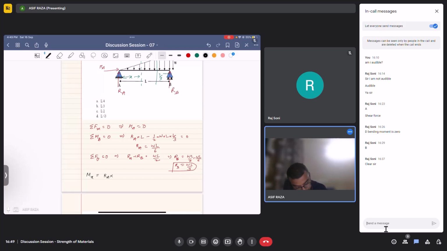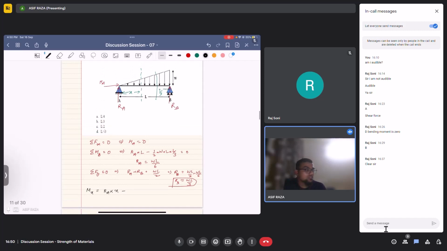RA times x due to the support reaction, and the other one, the external load which is acting.